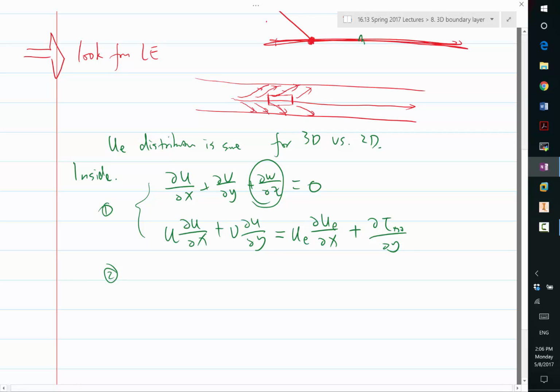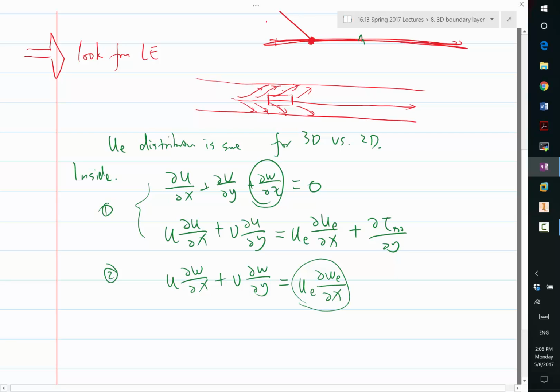And the w component is simply u times dw dx plus v times dw dy, and because you solve the second step only after you have u and v, this is like a linear equation. This is equal to ue times partial we partial x, which is 0, right?